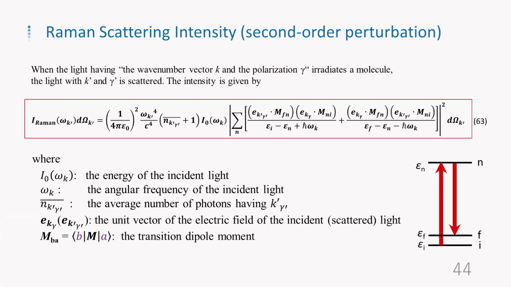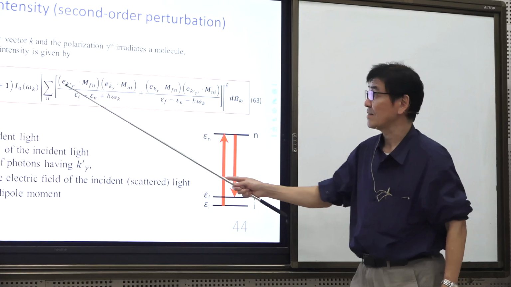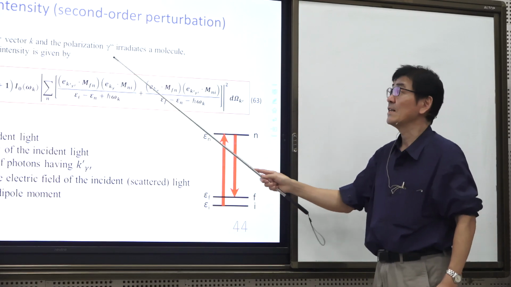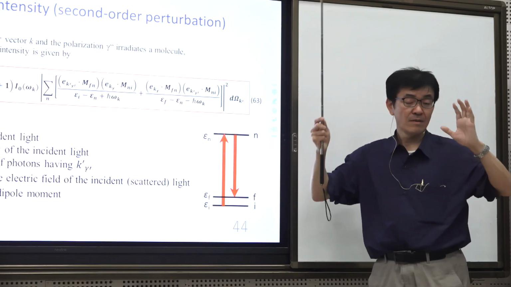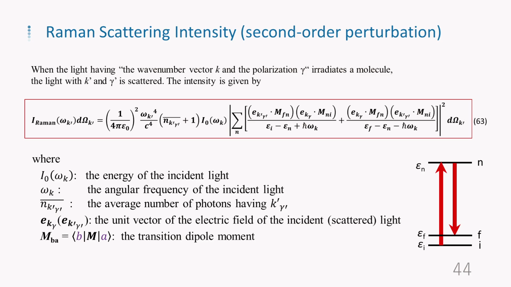But anyway, by considering these points, we can derive the Raman scattering intensity in this way. Okay, I will explain each point later, but anyway, it comes from the A P term of the H prime interaction Hamiltonian, and the momentum operator M is included here.